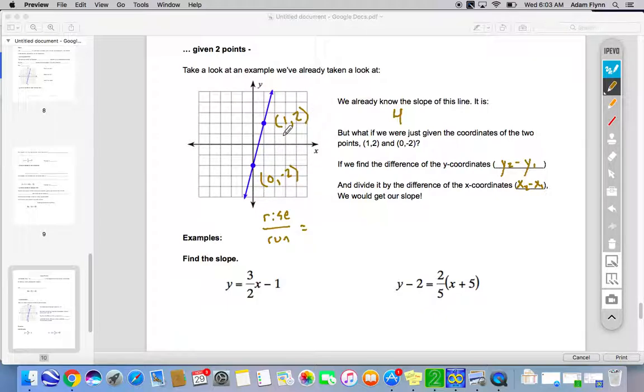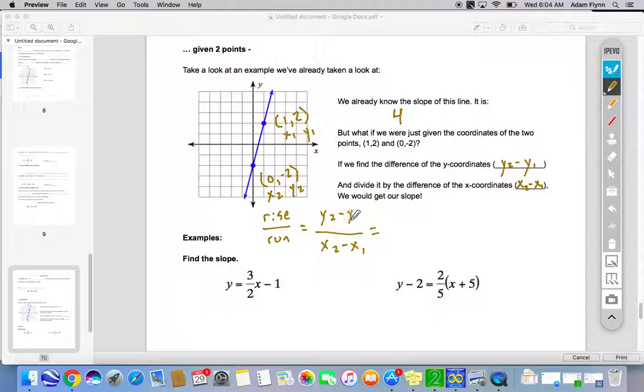So let's say we have this x as x1, this x as x2, which makes this y y2 and this y y1. Okay, so if we find the difference, so y2 minus y1, and divide by the difference of our x coordinates, so x2 minus x1, we would get our slope.